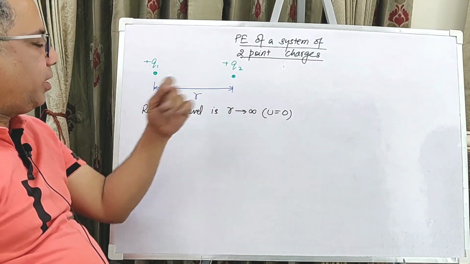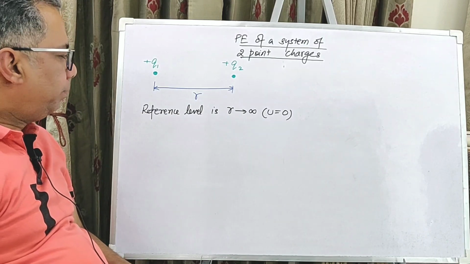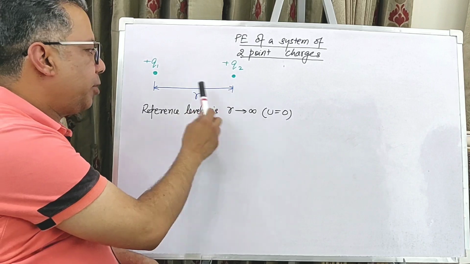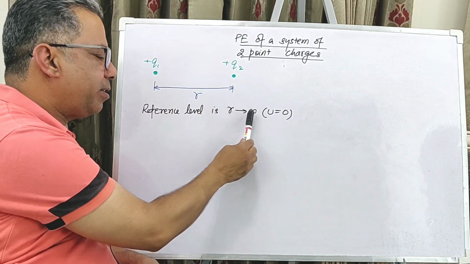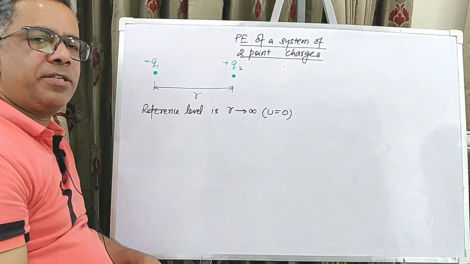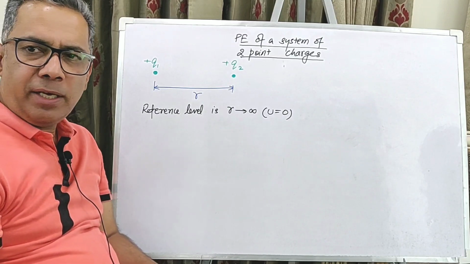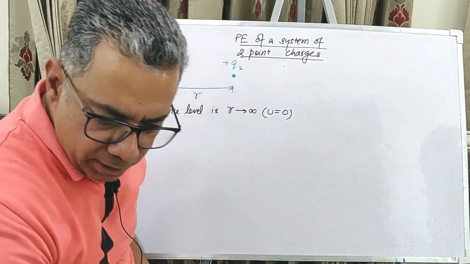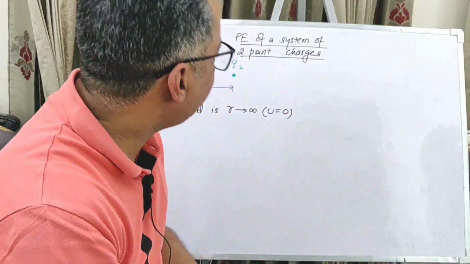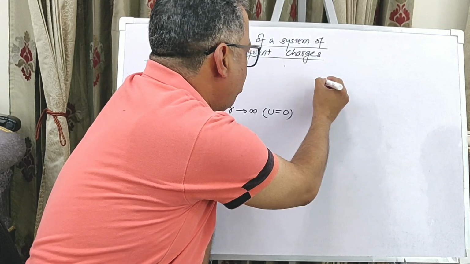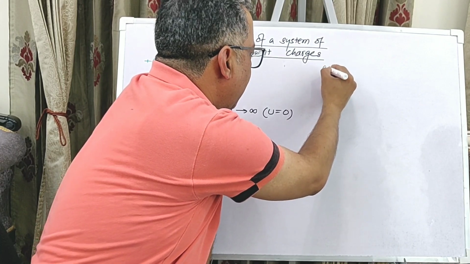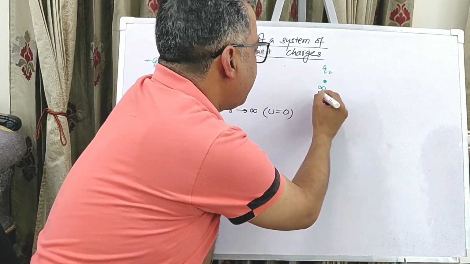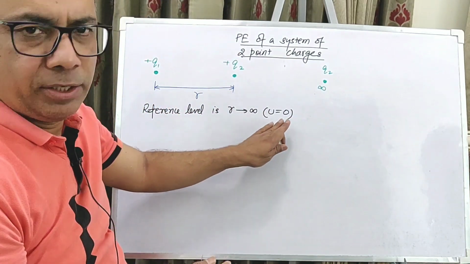Initially of course we assume that the charges are at an infinite distance from each other, and in that condition their potential energy is 0. So we initially imagine that Q2 is at infinity, and in this condition the potential energy is 0.